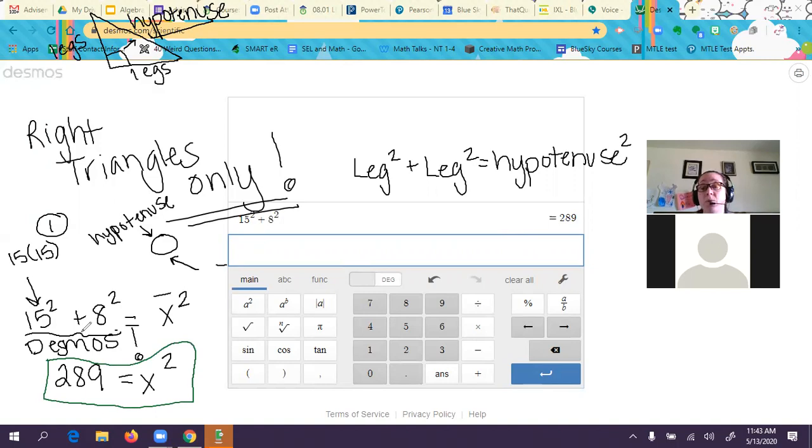What do I have to do so I can get to x? What's the opposite of squaring something? What do you guys think?